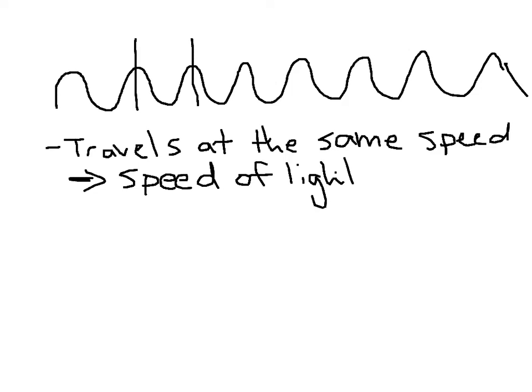So now the interesting thing, if you examine these waveforms here, the crest to crest and the trough to trough, since light is moving at the same speed, it's all traveling at the same. That's important, because when we start to talk about frequency, let's write frequency.